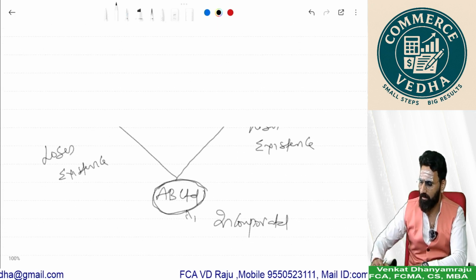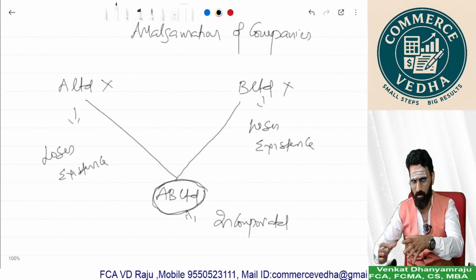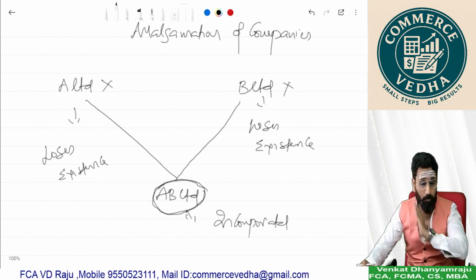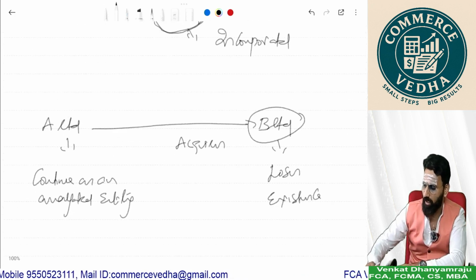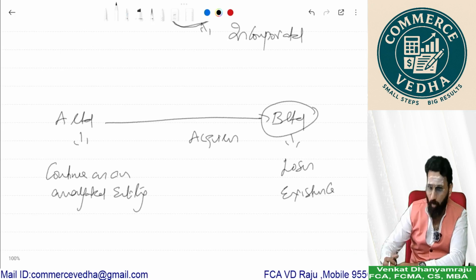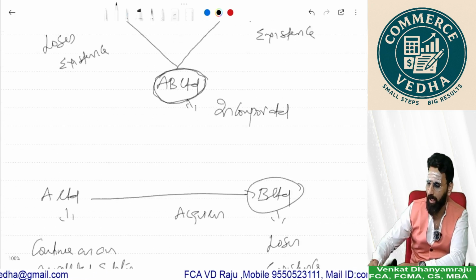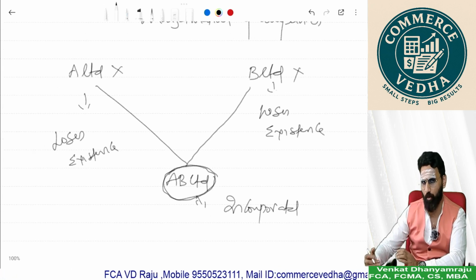So generally this is called a merger, not in the nature of merger as per AS 14, and this is called absorption. B is absorbed by A, and A and B merged into AB.